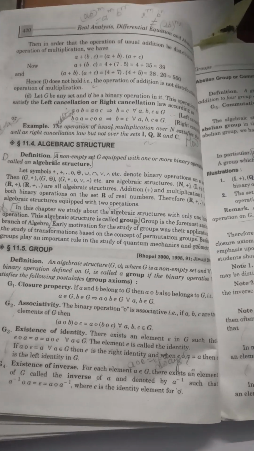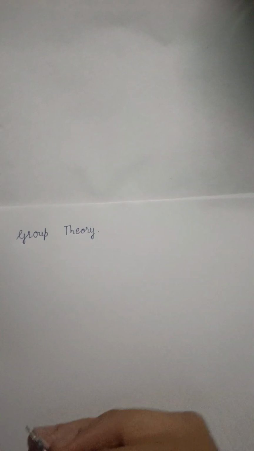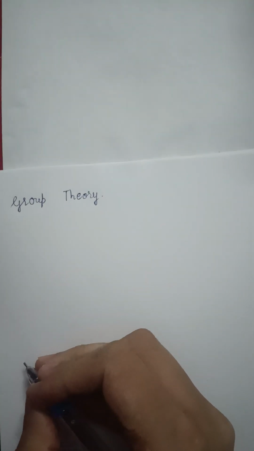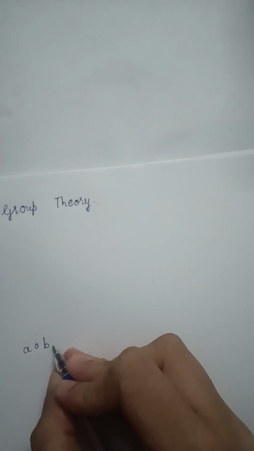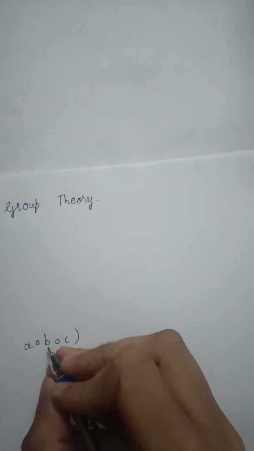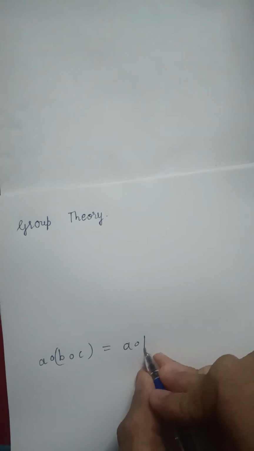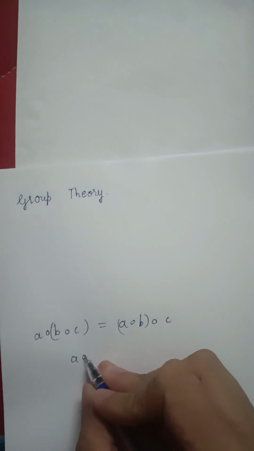Now, a natural question arises: we have talked about associativity, (A O B) O C is equal to A O (B O C), but why not this, A O B equal to B O A?